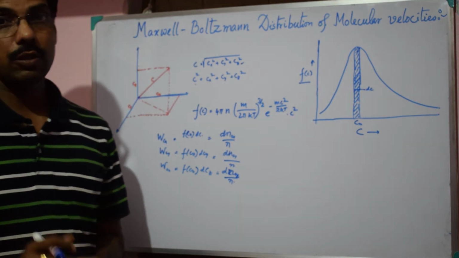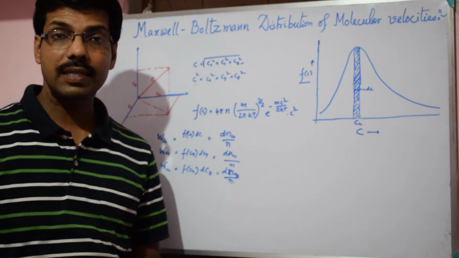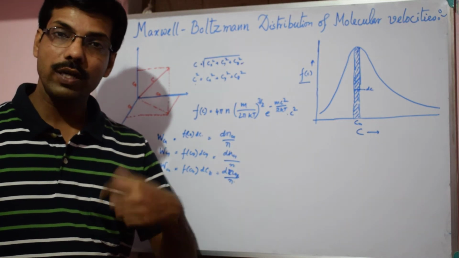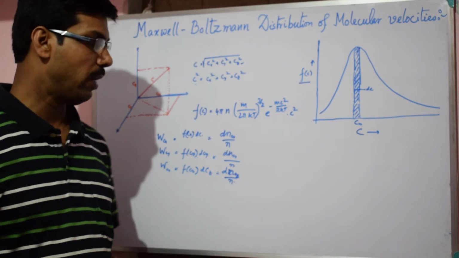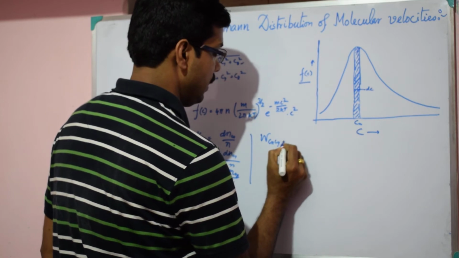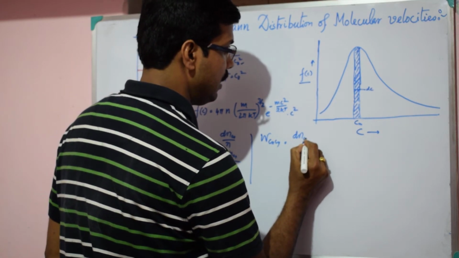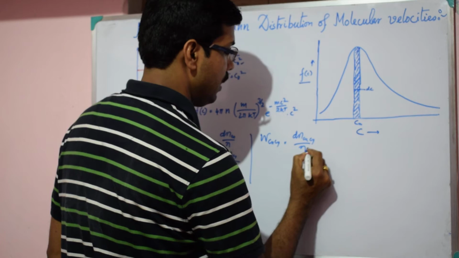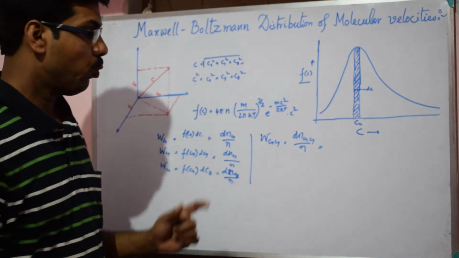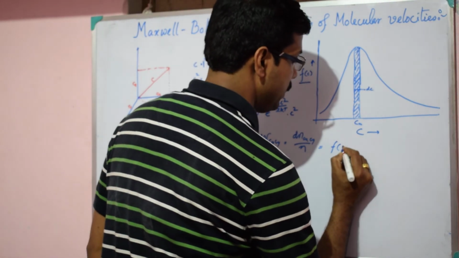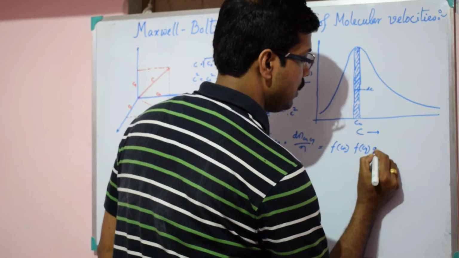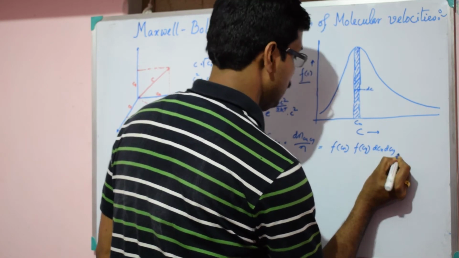Now, if we consider a molecule having simultaneous x component velocity between Cx and Cx plus dCx, and y component velocity between Cy and Cy plus dCy, then we can write dW(Cx Cy) equals dN(Cx Cy) by N. Since the probability is multiplicative, this is F(Cx) F(Cy) dCx dCy.